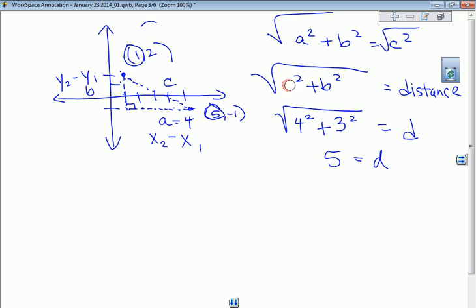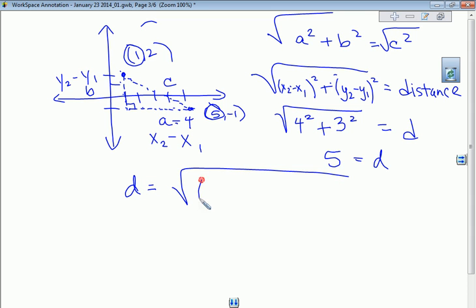So if we think of a as being x2 minus x1, and b as being the difference in our y's, y2 minus y1, this is our distance formula. The distance is equal to the difference in your x's squared plus the difference in your y's squared.